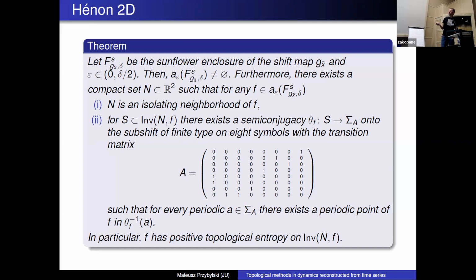And we found that, in fact, the topological entropy for every epsilon approximation is positive. That means that the dynamic behavior of epsilon approximation is very complex, is chaotic.